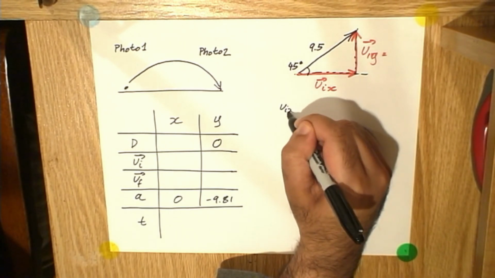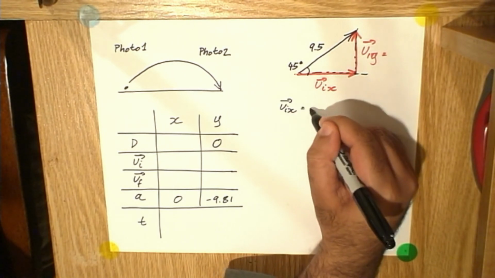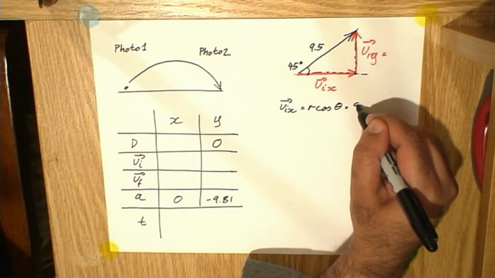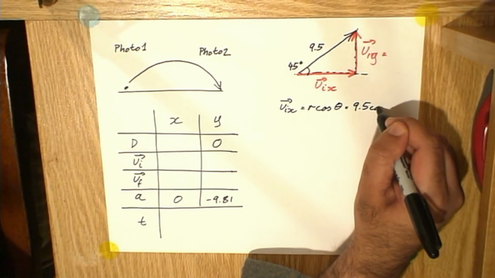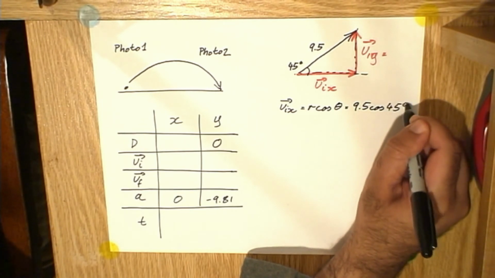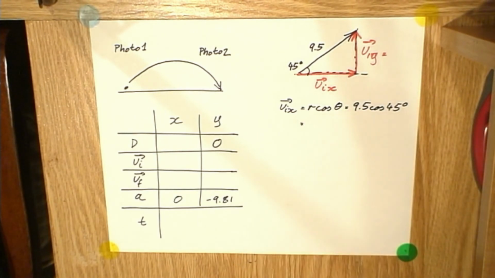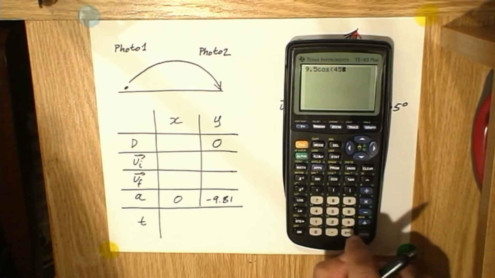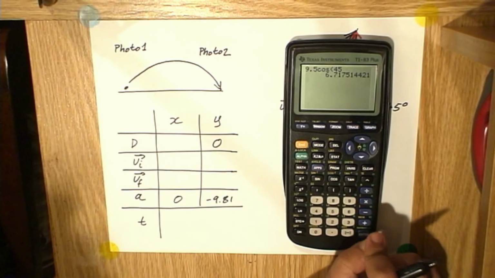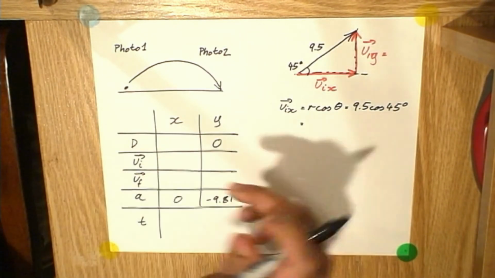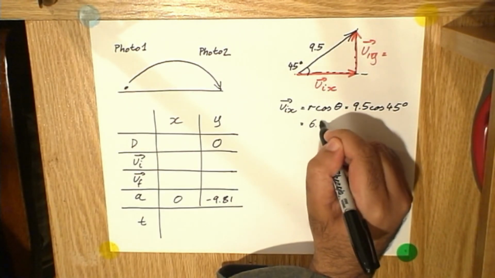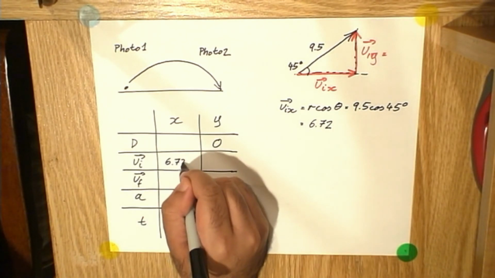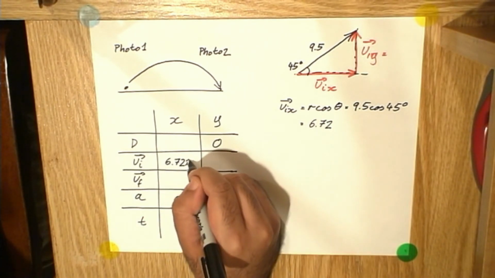V initial in x is equal to r cos theta, which is equal to 9.5 cos 45 degrees, which equals 6.72. So v initial in x is 6.72 i hat meters per second.